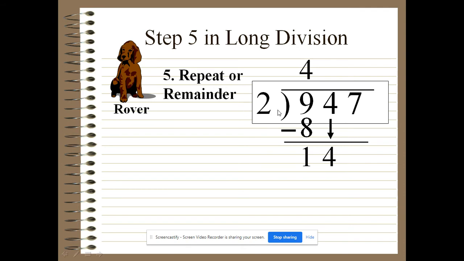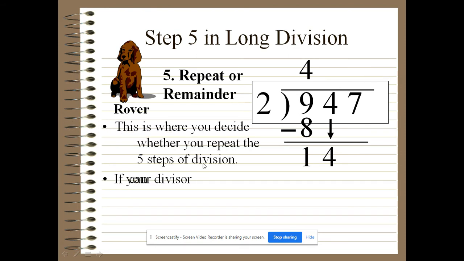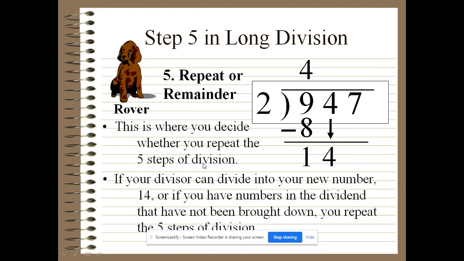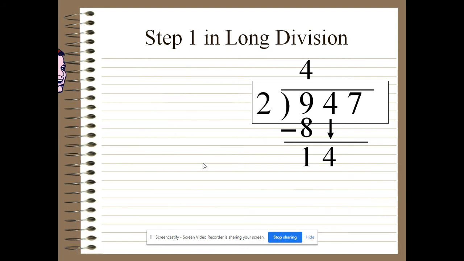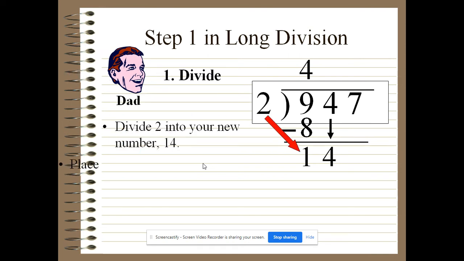Instead of dividing 2 into 9, we're going to divide 2 into 14. So, again, think, if you're going to chop 14 into 2s, how many 2s will you have? 14 divided by 2. And of course, when you do that, you will end up with what Dad gets here right now as he divides.